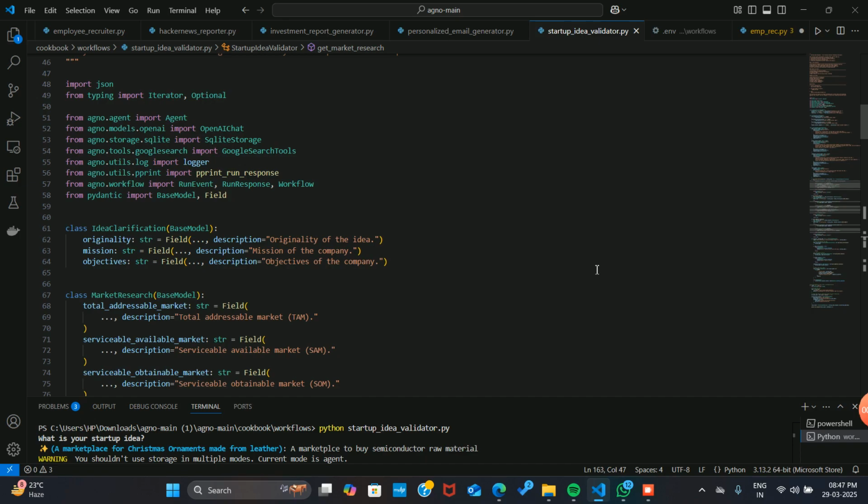It takes a lot of time to do market research and trend analysis. It may just sound like a one-liner saying startup idea, but there is a lot that goes behind it.